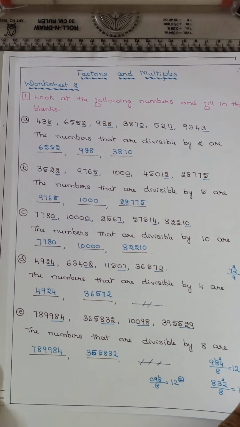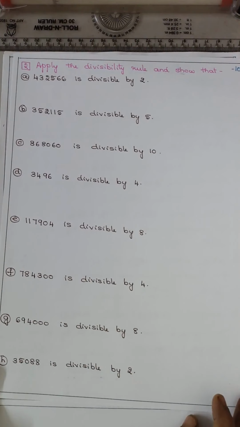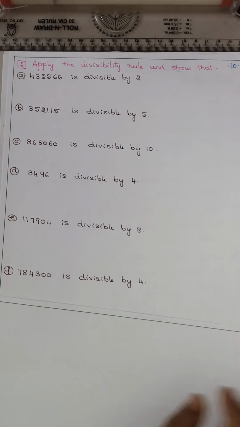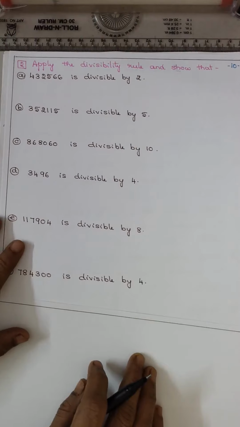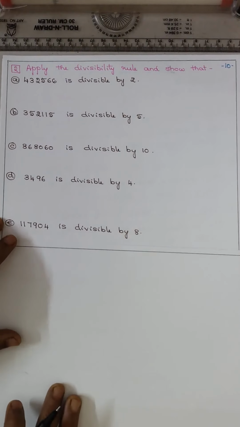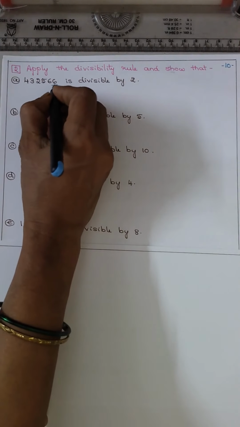Okay. Now in the next sum, the second sum, they have told us to apply the divisibility rule and show it. Here you have to tell why. Reasoning also should be there. So it is divisible by 2.